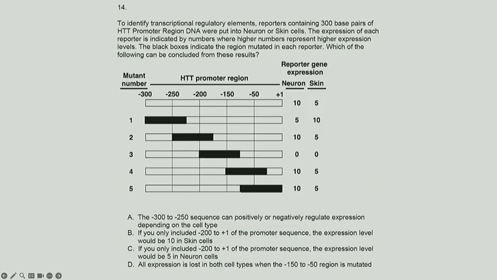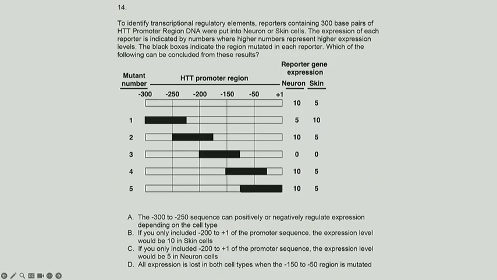Yeah. So if we're including from -200 to +1, why don't we include that part of 2? Because you see it go from 10 to 5, and it's saying that it can keep at 10 for skin cells, for row 2. Whatever is affecting the transcription of these is happening in the -300 to -250 region, right?